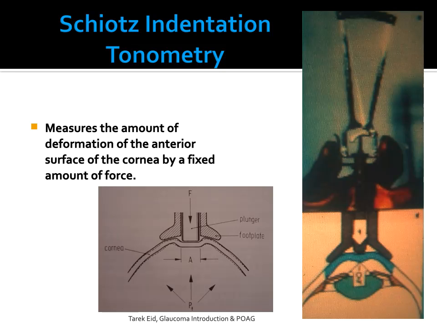This is the Schiotz tonometer, and this is the oldest machine used for examining the intraocular pressure, where we measure the area of deformation of the anterior surface of the cornea by a fixed weight or a fixed amount of force.